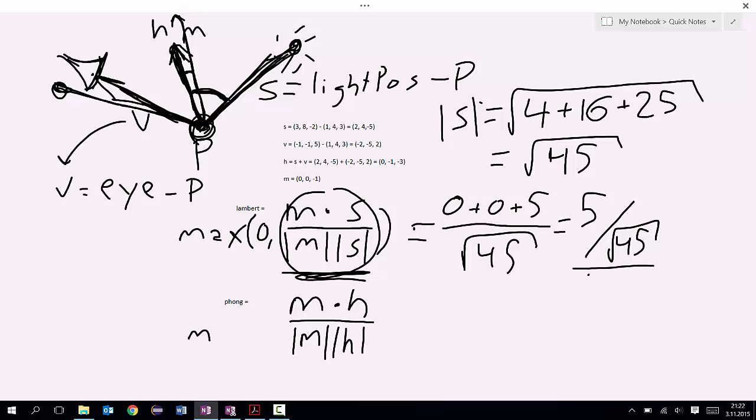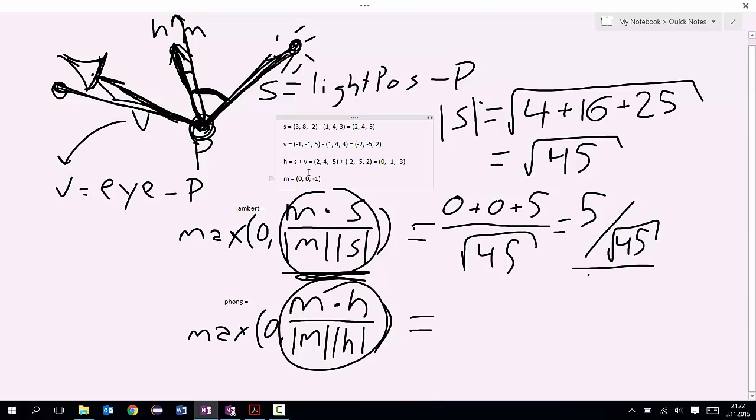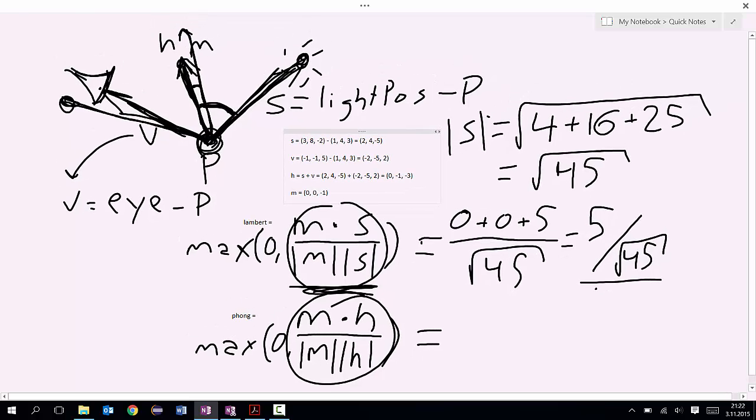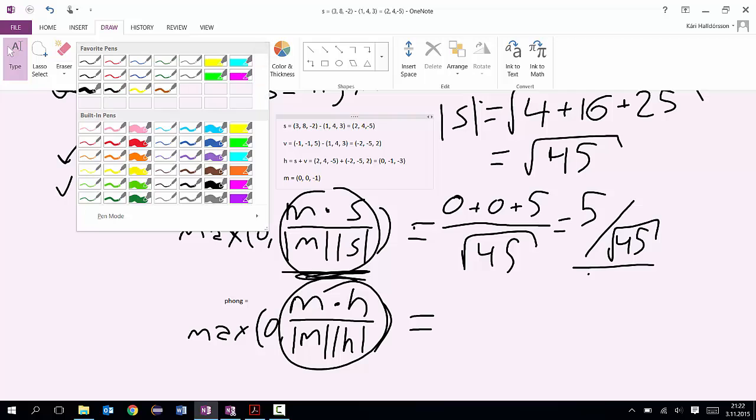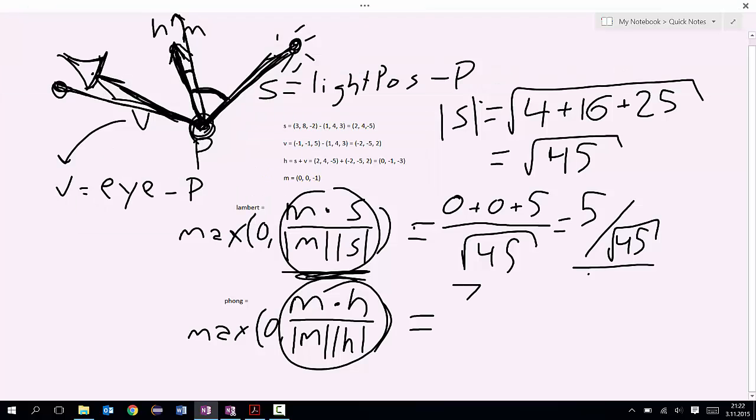And again, it's really the max of 0 and this, but again, this is what we're interested in. So if we again look at this dot product here, it's 0 times 0 plus 0 times minus 1 plus minus 1 times minus 3. And we have 3 divided by the length of m is 1, the length of h we haven't calculated yet.